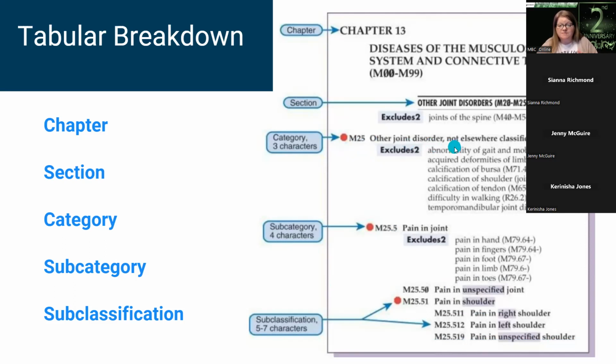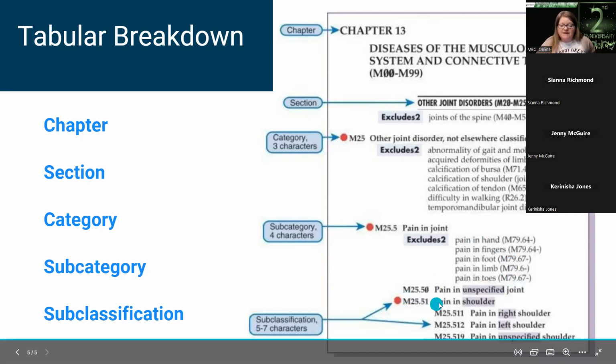That's really, really unspecific. So if you indent down, M25.5, pain in joint. Well, that could be pain in a lot of different places in your joints, right? So pain in hand, fingers, and it'll lead you to somewhere else. And then you keep indenting down and you get more and more specific.